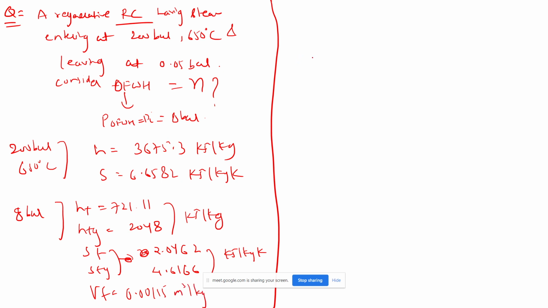Okay, and the 0.05 bar pressure values are given. HF and HFG: 137.89 and 2423.7, both of them kilojoule per kg.